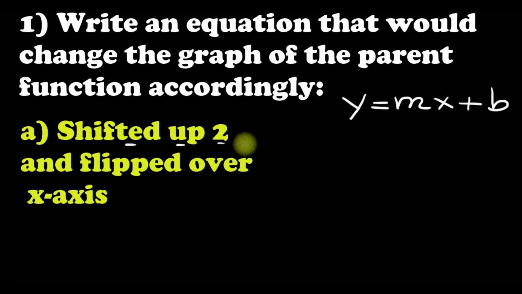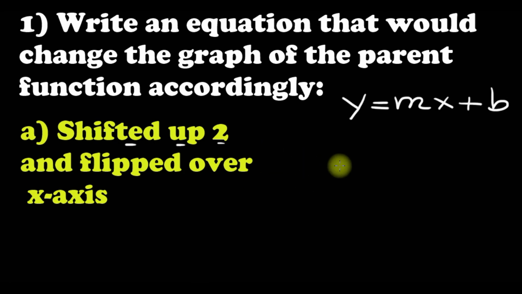So the 2 is going to be a number that goes for b, right? And then it flipped it over the x-axis. So it's only going to flip over the x-axis. There's no flatter or steeper. So your slope is going to be 1.